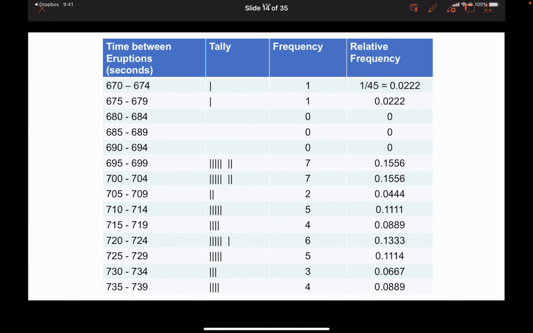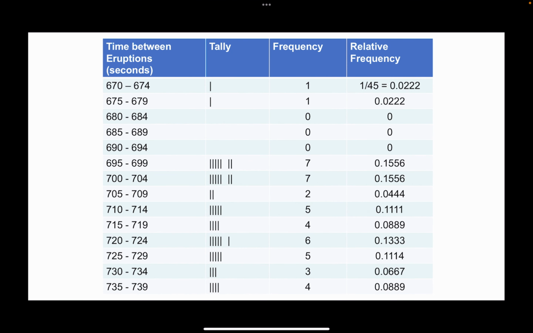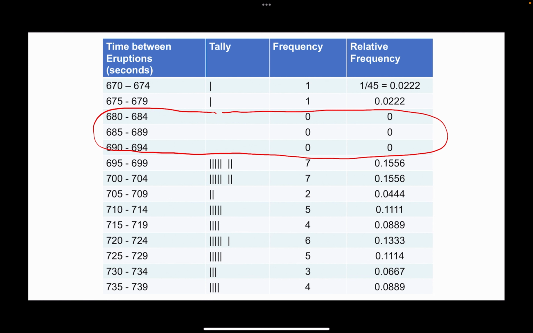All right. So let's say that I decided to make my bins 5 instead of 10. I just decided I wanted them to be 5 instead because I want it to give me a better visual of my numbers. Notice how I have this big gap right here of 3 bins in a row with no values in them. That just makes your histogram ugly and awkward.